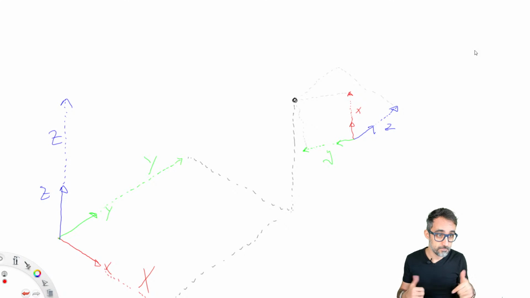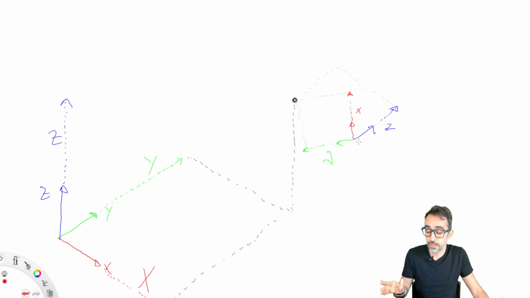All right. So this point will basically have two sets of coordinates: one measured in world coordinates, and the other measured in this other reference or local coordinate system that we're trying to describe, right?